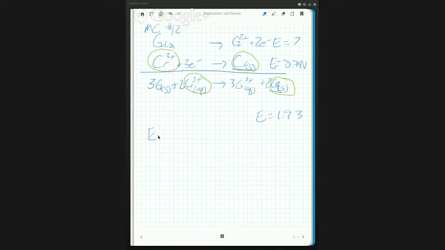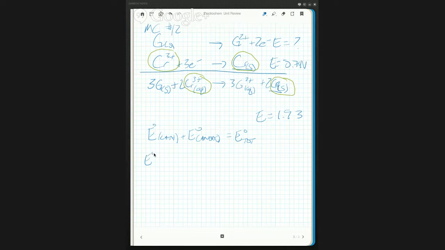Remember that the E of the cathode plus E at the anode equals the E naught total, or the final, okay?